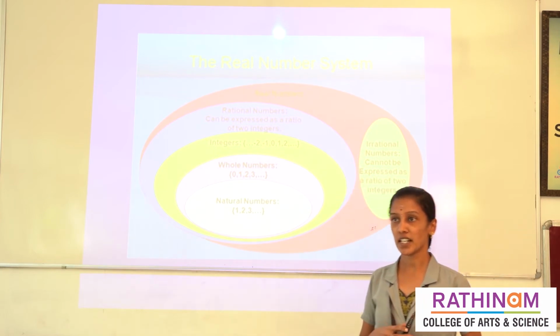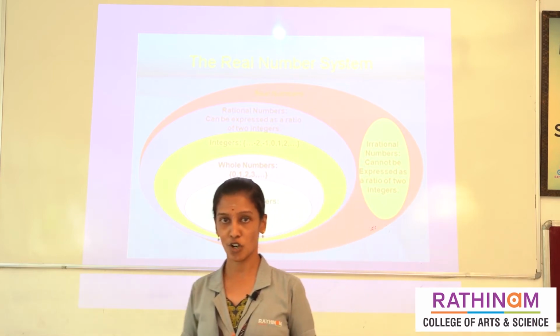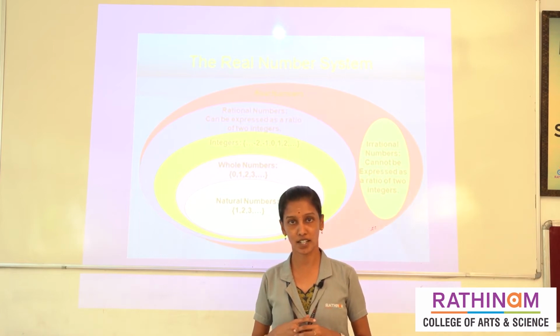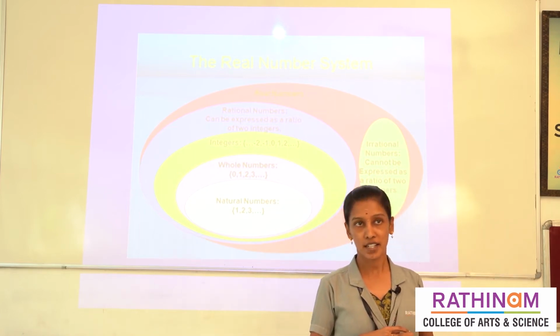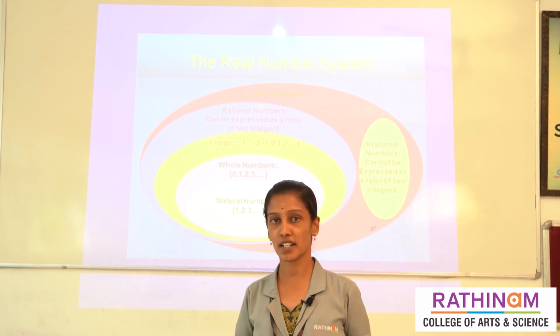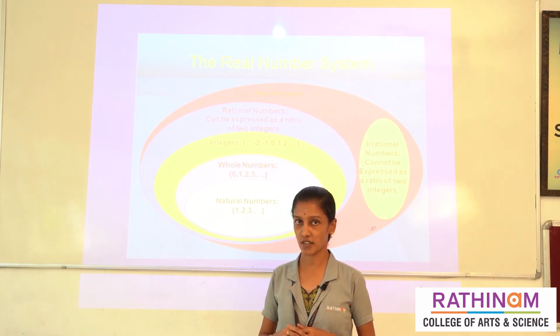Number theory was introduced by a mathematician called Fermat. He introduced modern number theory, and number theory has different branches, like geometric number theory, analytic number theory, probability number theory, and so on.